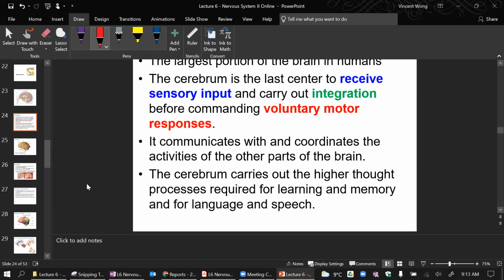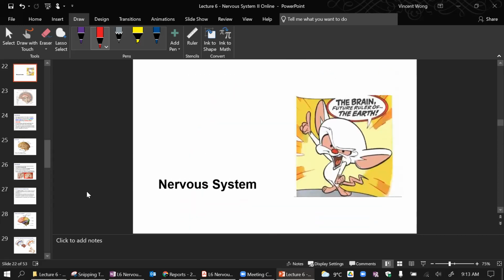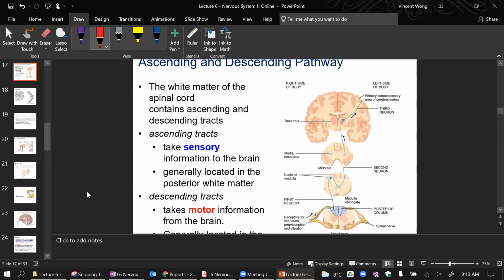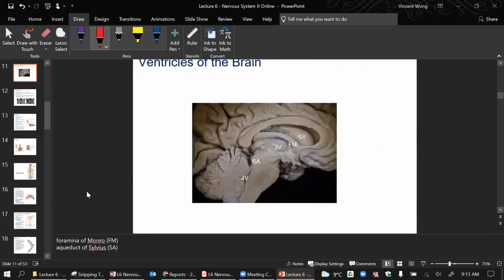So let me just go back here. Corpus callosum, lateral ventricle. Just one more. There will be diagrams on the test, so you guys have to know what you're looking at. So again, right here.